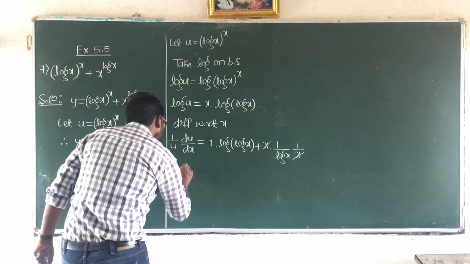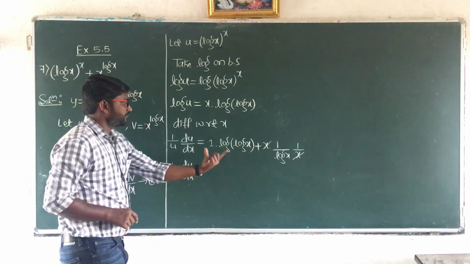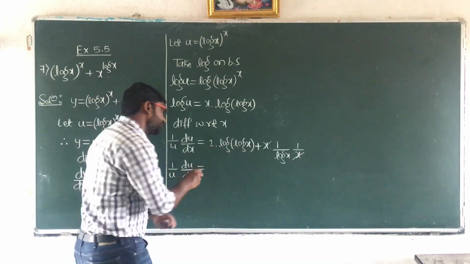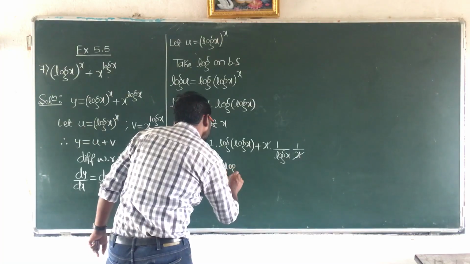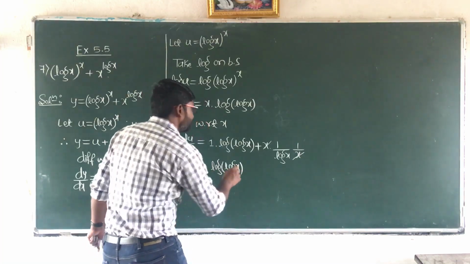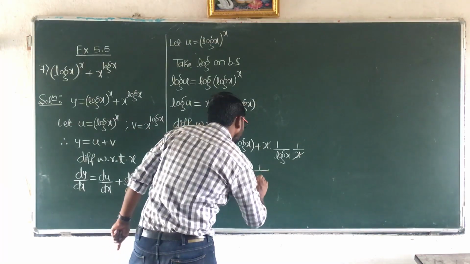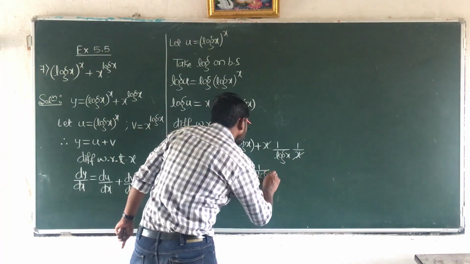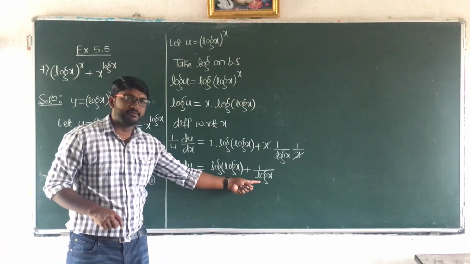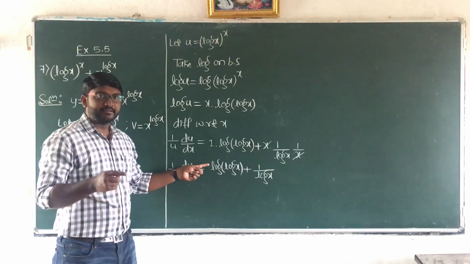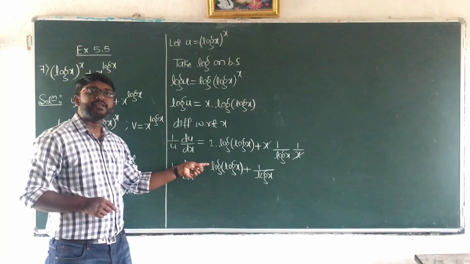1/u du/dx is equal to, so 1 into log of log x, it is log of log x, then plus 1 divided by log x. So now in the next step we have to take up the LCM. That means log x will be multiplied with this particular term. At the same time I am going to take this u to the RHS, it goes to the numerator.